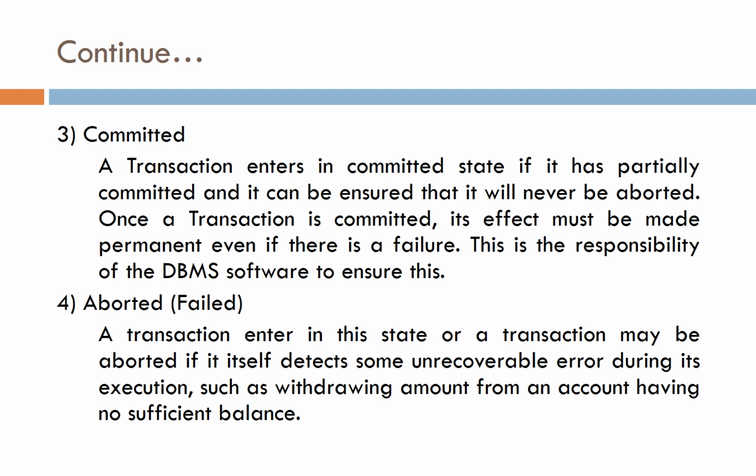Next is aborted, or we can say failed or cancelled state. A transaction may be aborted if it itself detects some unrecoverable error during its execution, such as withdrawing an amount from an account having insufficient balance.